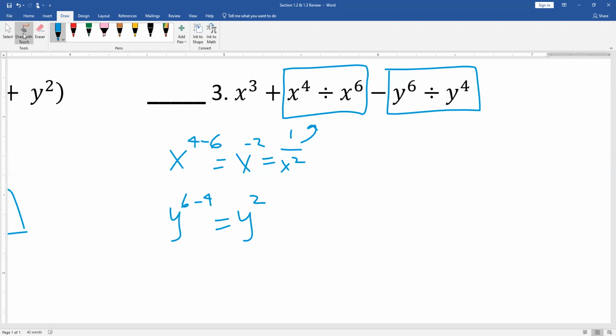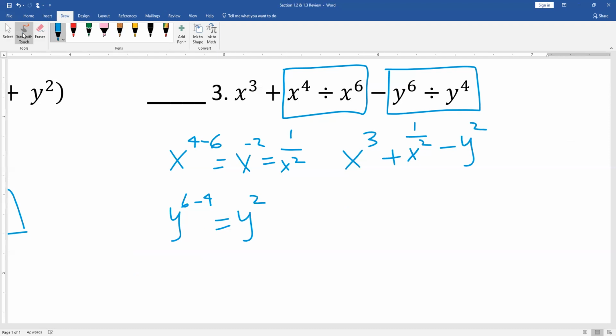So when we plug those values in, we end up with x cubed plus 1 over x squared minus y squared. Now it's much simpler, smaller exponents.